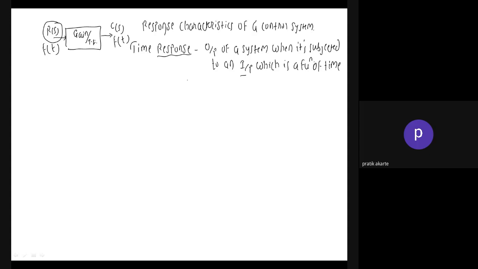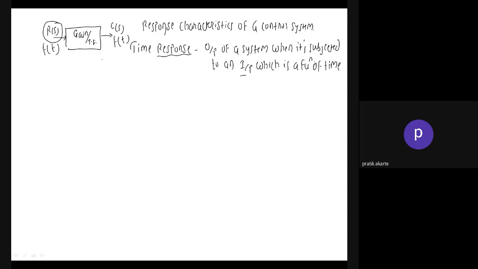Okay. Now, a control system which generates an output or response for a given input, that we know. Whenever a control system is given an input, it will provide the output. Now, let us take an example of an elevator, the lift that we use in our apartments. Very interesting example.